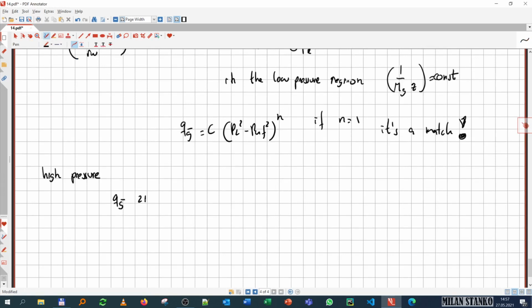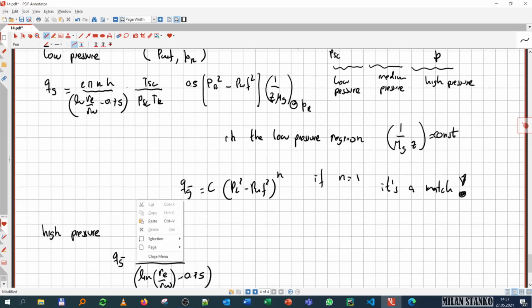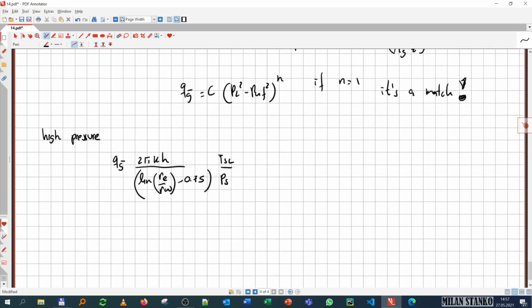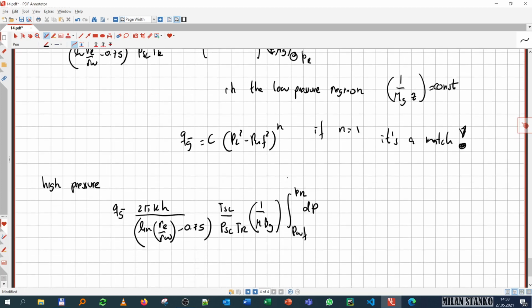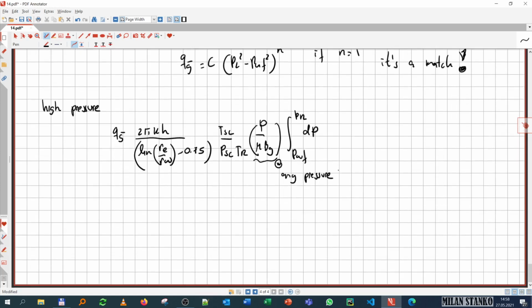So we have QG equals 2 pi KH over ln(RE/RW) minus 0.75, with D_SC, P_SC, T_R. Again, we end up with the integral of dP from PWF to PR, and here we have 1 over mu B_g. This can be evaluated at any pressure because it's constant also, so I can evaluate it at reservoir pressure.